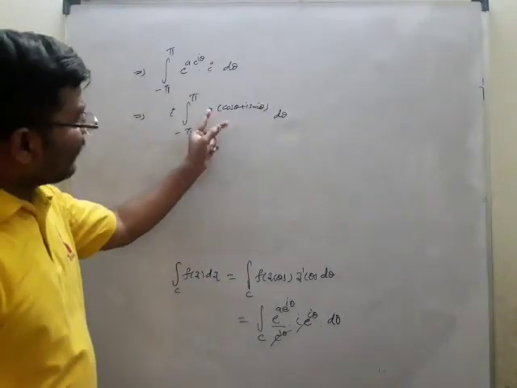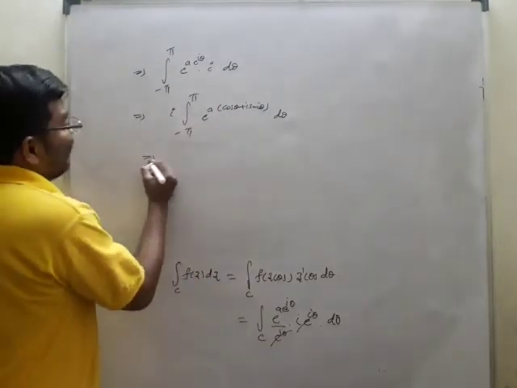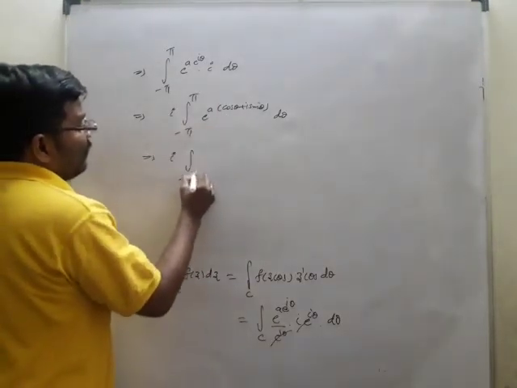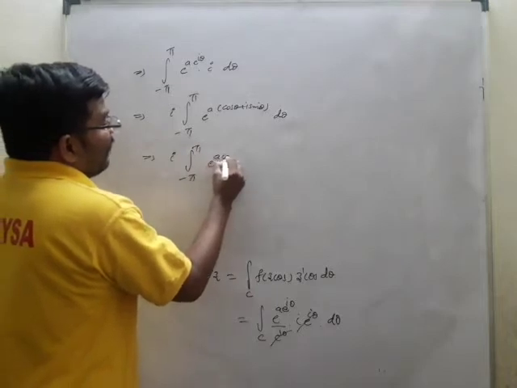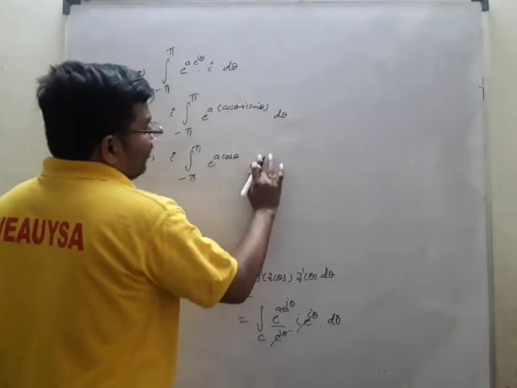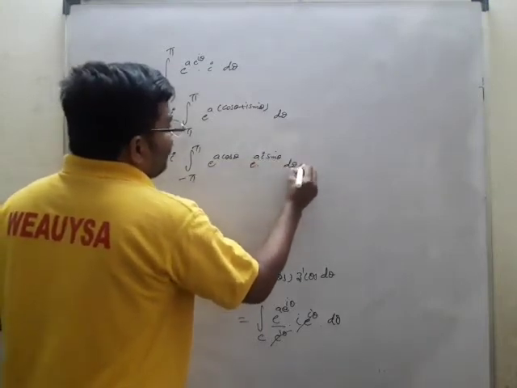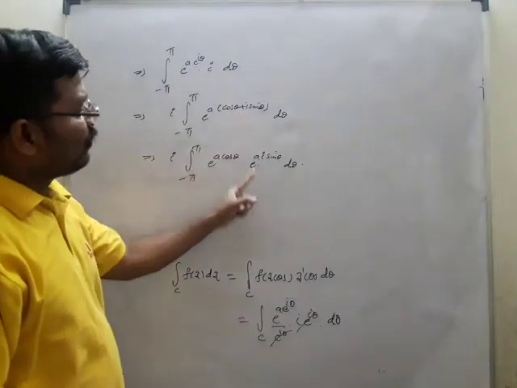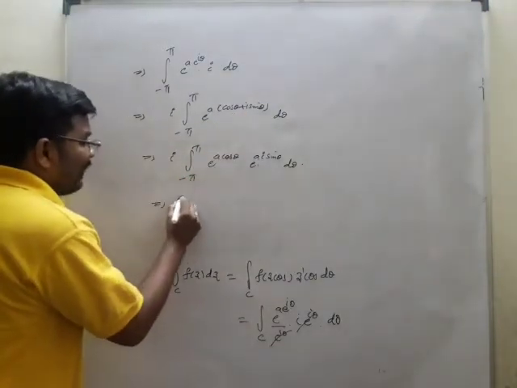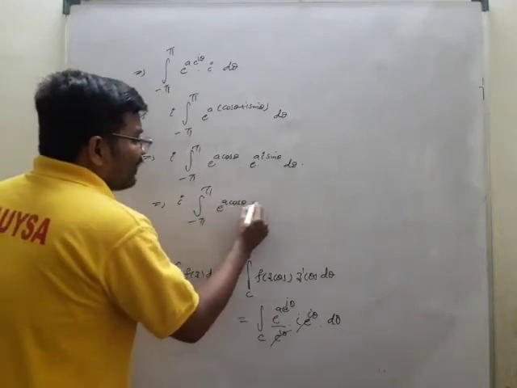I am writing e^(i theta) as cos theta plus i sin theta. So that implies i times the integral from minus pi to pi of e^(a cos theta) times e^(i a sin theta) d theta. I have just made it into two parts. So this is i times the integral from minus pi to pi of e^(a cos theta).